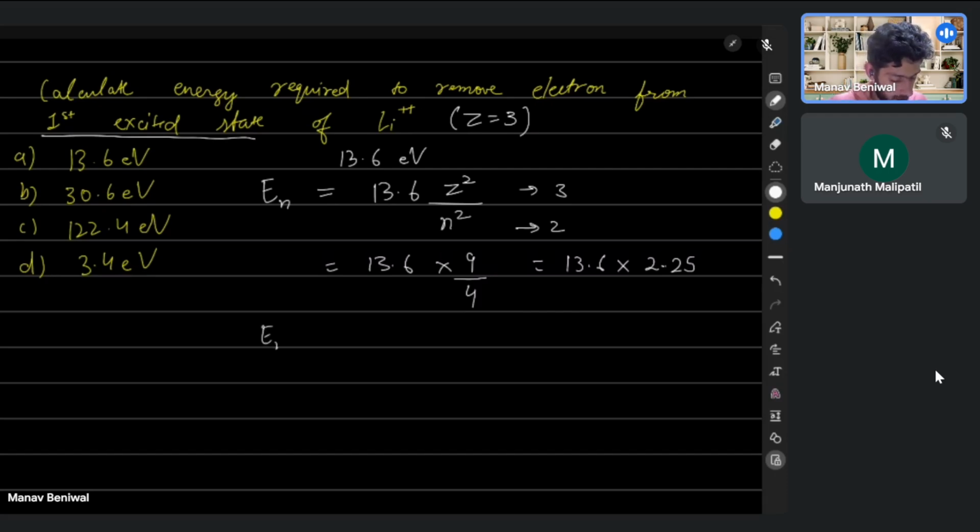So your En comes out to be 30.6 eV, which is option B.